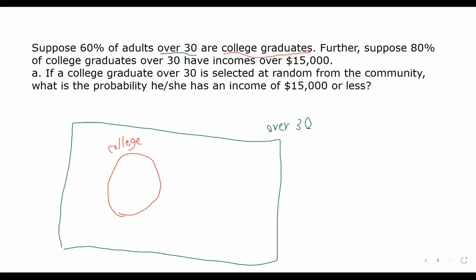Okay, so now we're talking about another event that have incomes over 15,000. Okay, so let's introduce another set. And let's say this set is income, so income greater than 15,000.